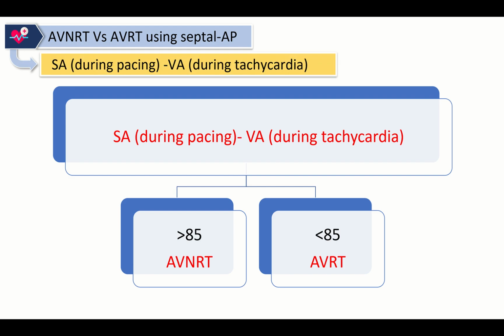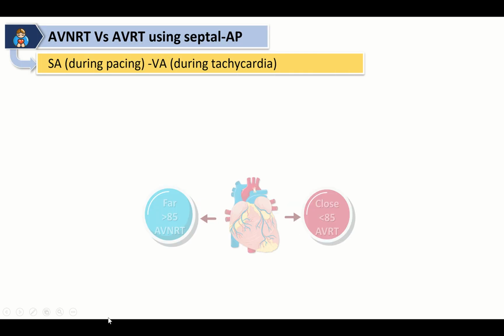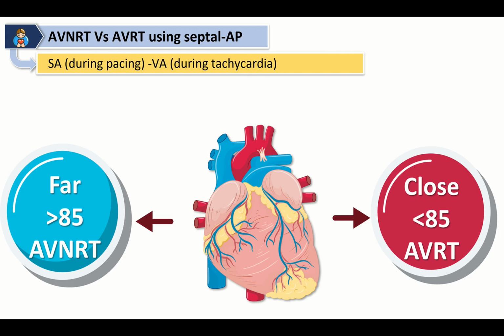Next, golden rule during ventricular overdrive pacing, the difference between stimulus to A during pacing and VA interval during tachycardia. In AVRT, it is less than 85 milliseconds. If more, it is AVNRT, and it is the same concept.